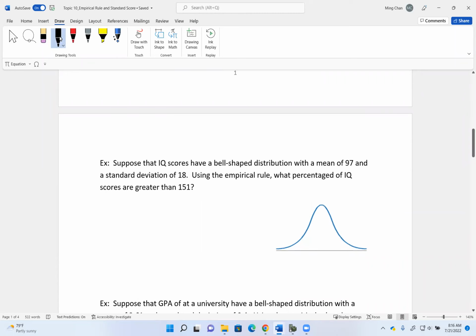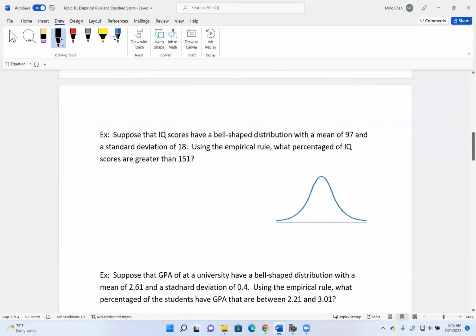Let's draw the picture. The mean in the middle is 97, so my X bar is 97. Standard deviation is 18.